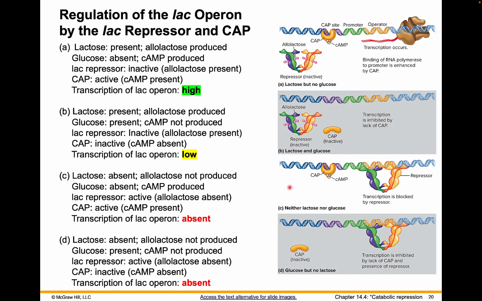Now here is a condition where there is no lactose, no glucose. So if there is no glucose, the cyclic AMP is produced and that binds to the CAP protein, and the activator site is occupied by the CAP protein. But there is almost no lactose, so the allolactose is not produced in the cell, and the lac repressor cannot be inhibited by the allolactose.